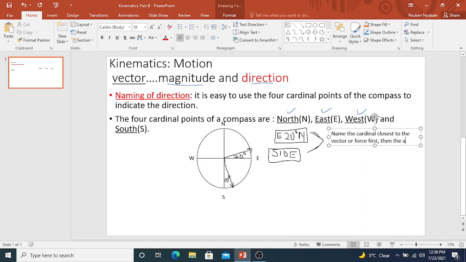Then the angle of deviation towards the other cardinal.